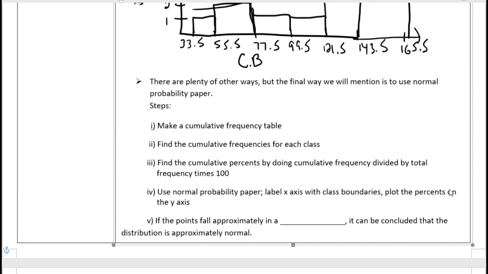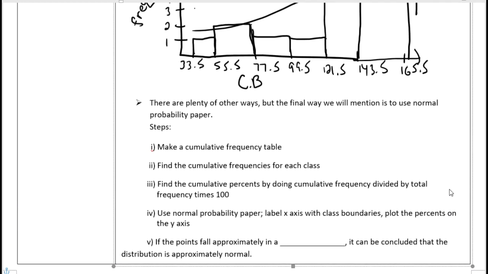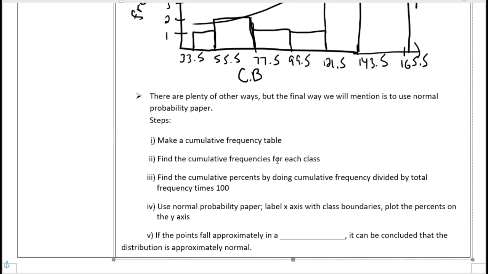So there's another way that you can use to determine normality, and one of them is actually to use normal probability paper. So we'll show you how that looks. Here are the steps. First, you need to make a cumulative frequency table, kind of like the table that we did before, but with cumulative frequencies instead.